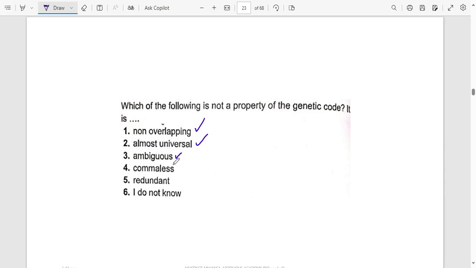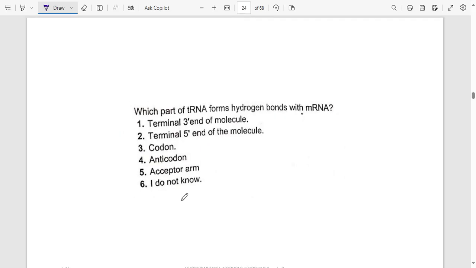Is that true? And then redundant. Is that true? Okay, I didn't mention degenerate is also called redundant. I didn't say ambiguous, I said non-ambiguous. So please take note that degeneracy is also known as redundancy.